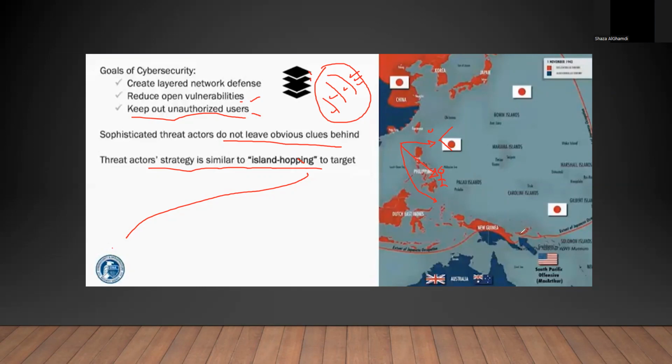So they started the strategy of island hopping, and that is exactly what advanced threats are doing right now. They look for a not very secure or exposed system and compromise it. Once they compromise it, they start to look for more important systems. So they do island hopping.